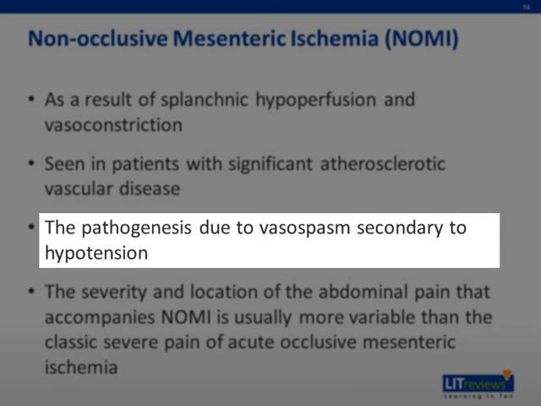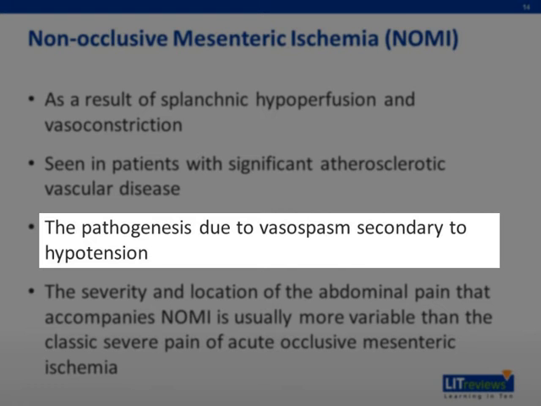The pathogenesis of NOMI is related to mesenteric vasospasm, which is a homeostatic mechanism that functions to maintain cardiac and cerebral blood flow at the expense of splanchnic and peripheral circulation. Vasopressin and angiotensin are probably the neurohormonal mediators of this phenomenon.